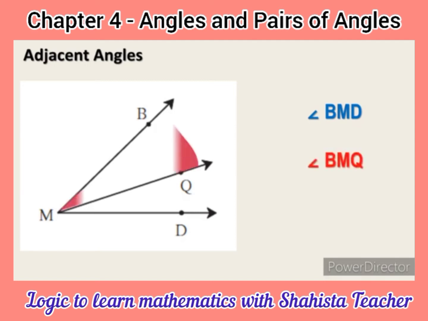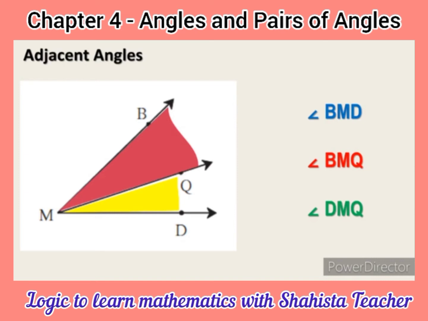First one is BMD, then the second one is angle BMQ, and then this last one is DMQ, this yellow portion. Is that clear, my dear students? So how many angles? There are 3 angles: angle BMD, angle BMQ and angle DMQ.